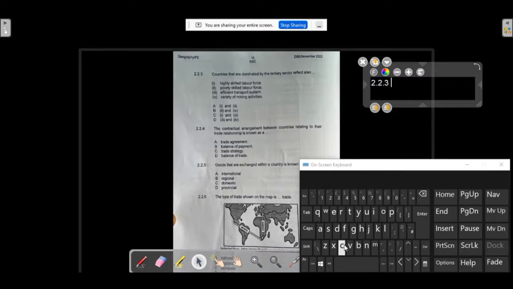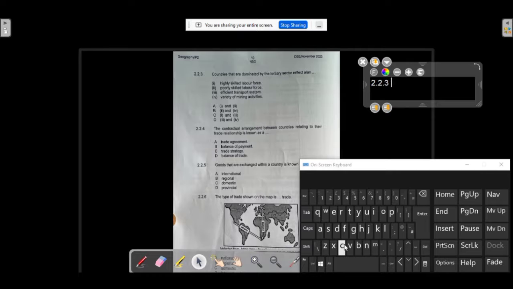And they usually reflect one, highly skilled labor force, two, poorly skilled labor force. Okay, so actually I would go with highly skilled labor force. And three, efficient transport system, four, a variety of mining activities.